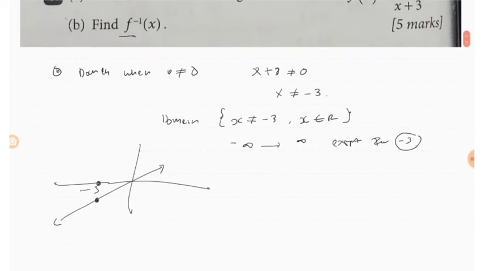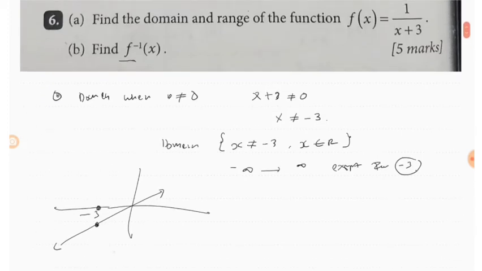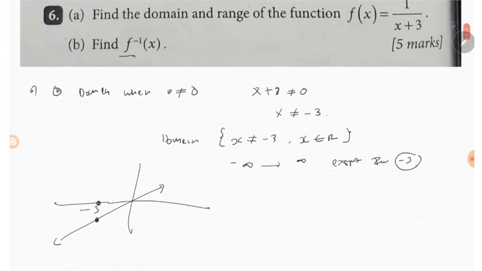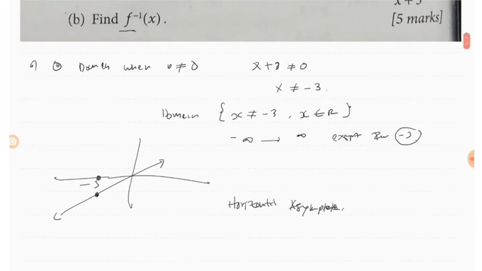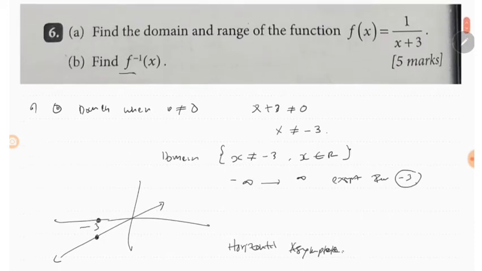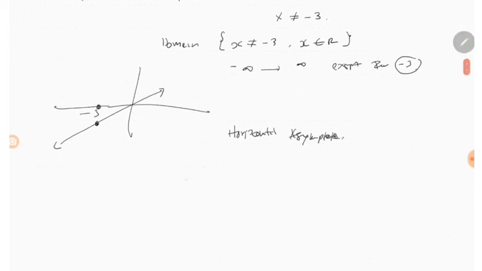Okay, so how about the range? To find the range, you find the horizontal asymptote. How do you find the horizontal asymptote? You look at the power, the highest power.